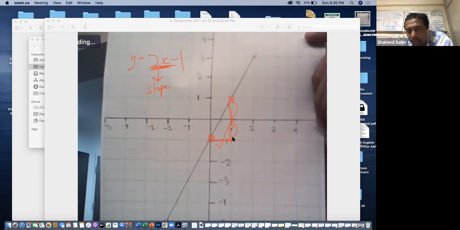When I move x by 1, I got to move y by 2. So the formula for calculating the gradient is very simple. The y, or the height, over the base. The height is 2 units. The base is 1 unit. So I get 2. You look at this, 2. This thing tells you about the slope.